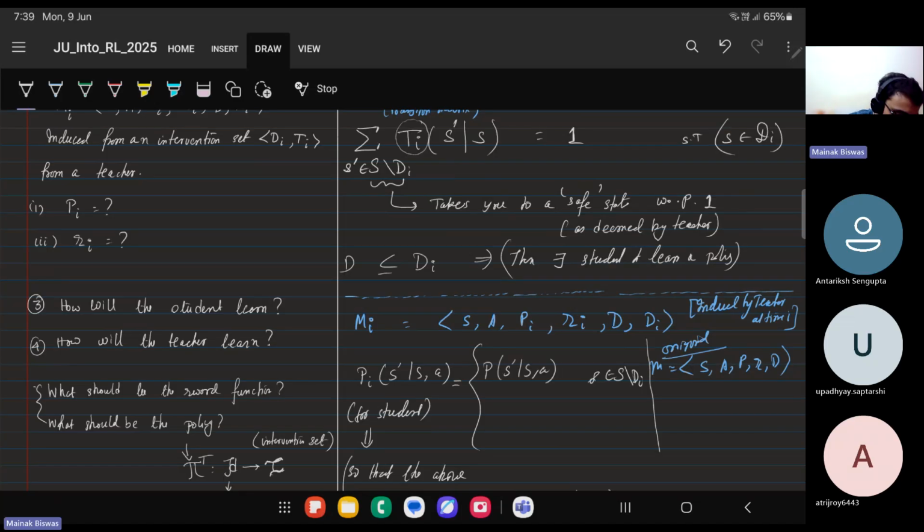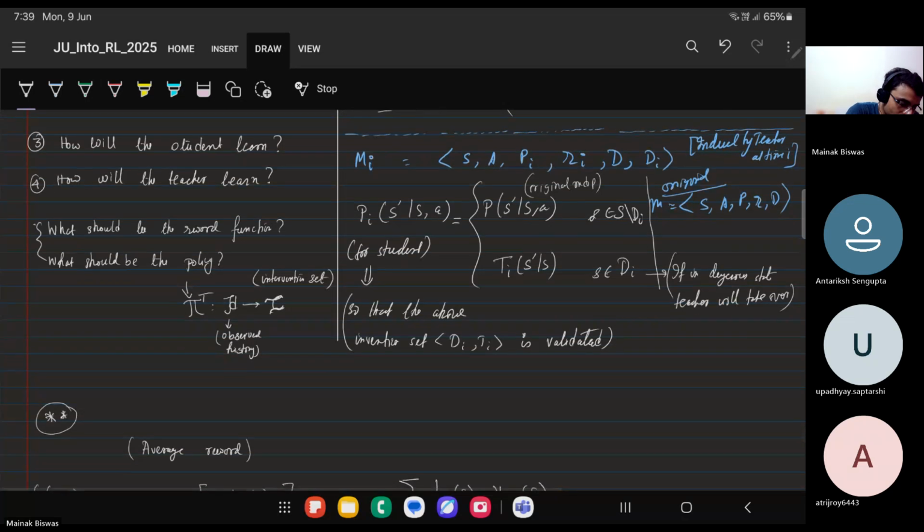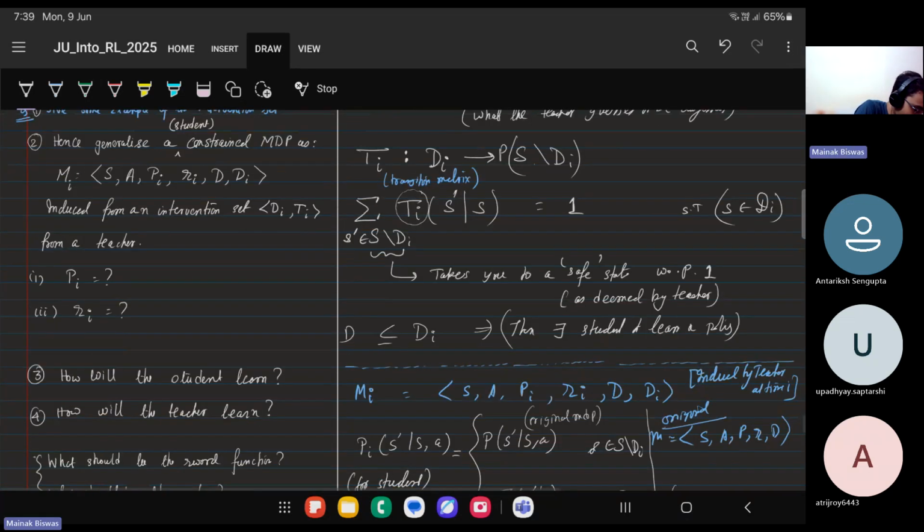Yes, the original MDP. And if they are in D_i, then it would be T of i, right? Perfect. See, if in a dangerous state, the teacher will take over. So the P_i is done.